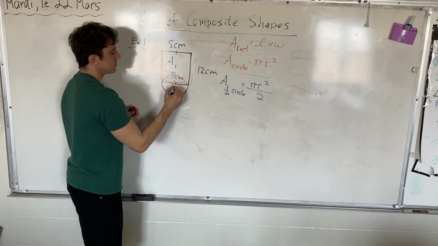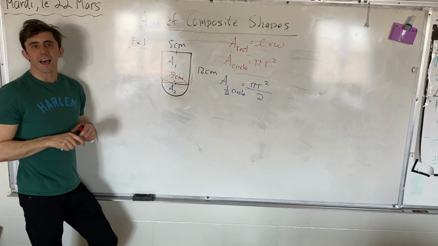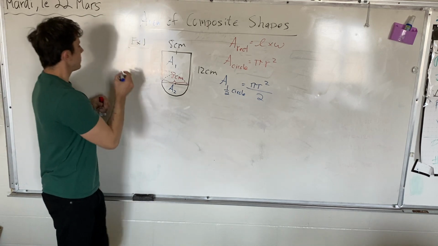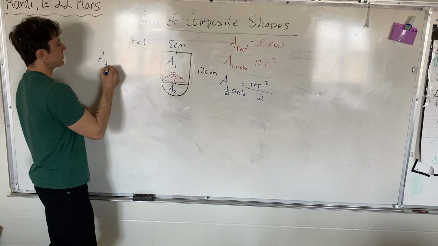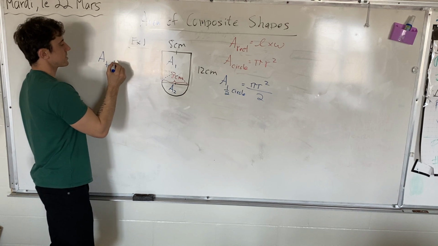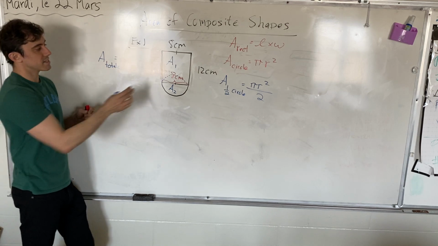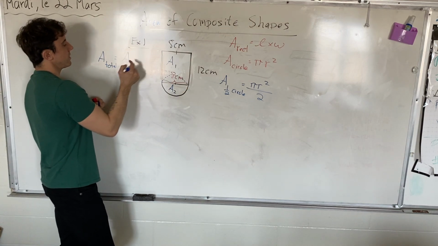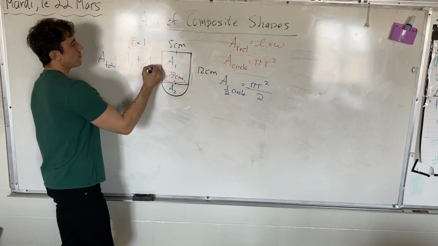And let's call this bottom half circle area 2, which will be the area of a half circle. Now, the total area, let's say area subscript total, will simply be the sum of area 1 and area 2. And so we can write that A total is equal to A1 plus A2.